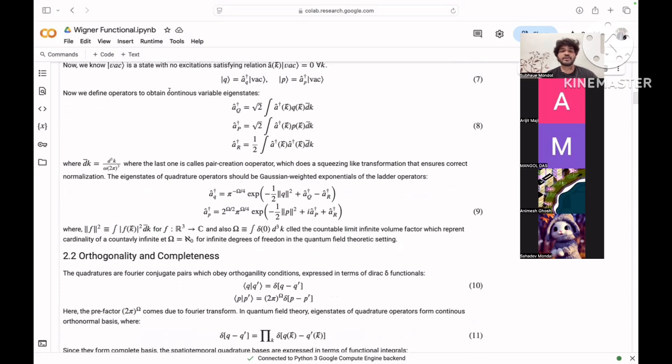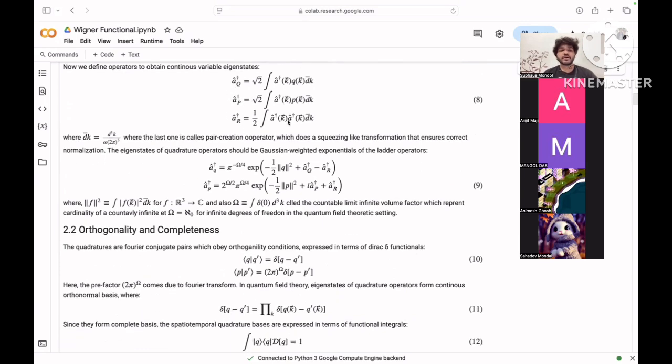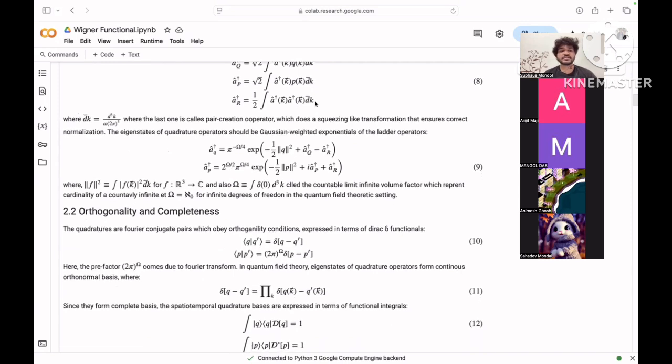Now, in order to make the calculations more efficient, we will define some operators, AQ, AP, and AR dagger, like this, where D bar K is defined as D3K divided by omega 2 pi Q, and the last one, AR, is called the pair creation operator. This acts like a squeezing transformation that ensures correct normalization.